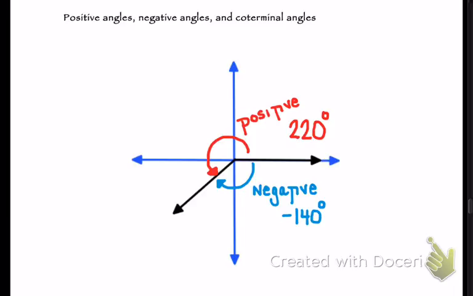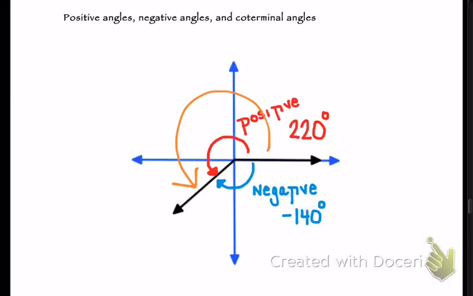Looking at the next one, I kind of zipped through this because we talked about it in class the other day. Positive angles go in this direction. I believe somebody in class the other day said it: positive angles go counterclockwise. Negative angles go clockwise.